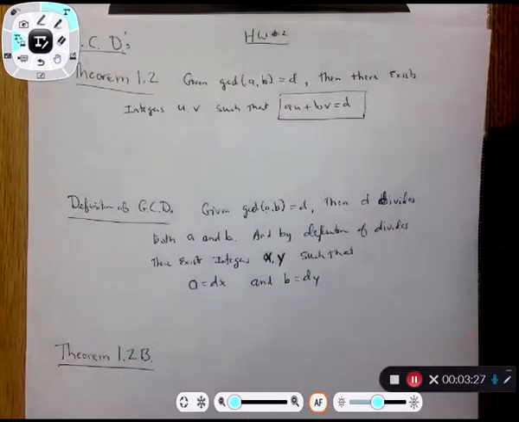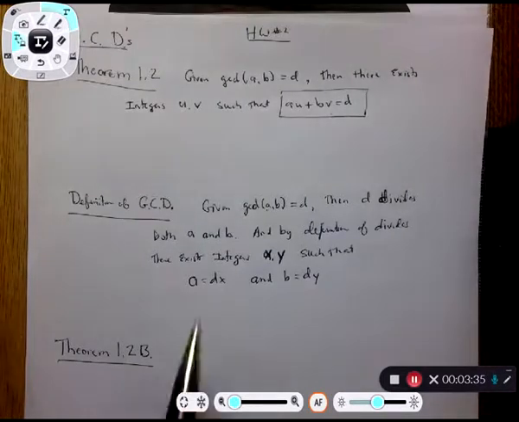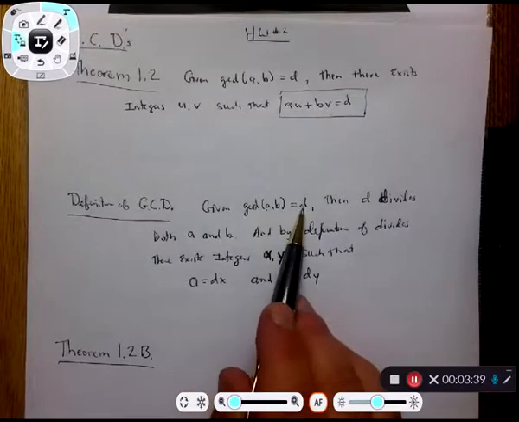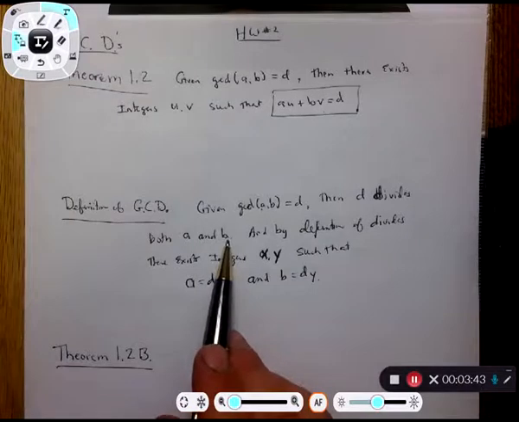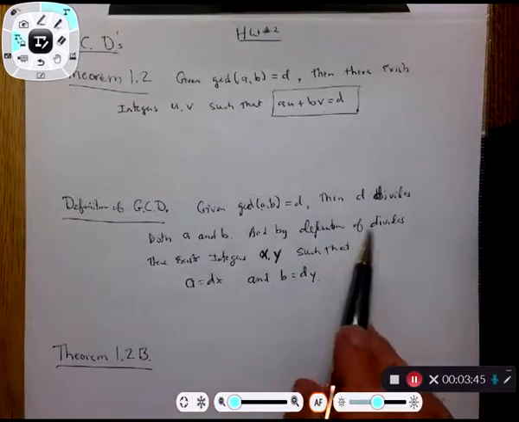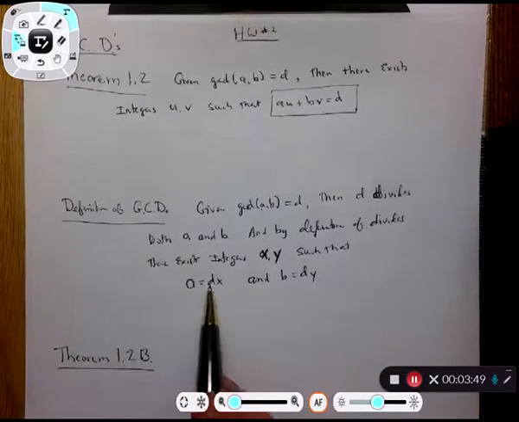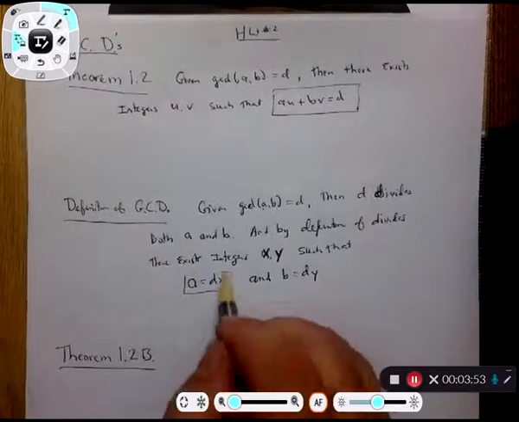Or you can use the definition of GCD, which focuses on the CD, the common divisor part of it. The definition says given that the GCD of A and B equals D, then D divides both A and B. So by definition of divides, there exist integers X and Y such that A equals DX and B equals DY. You get little small equations.